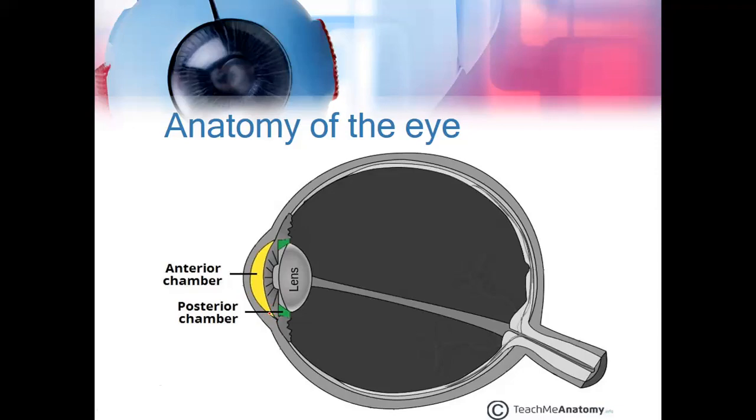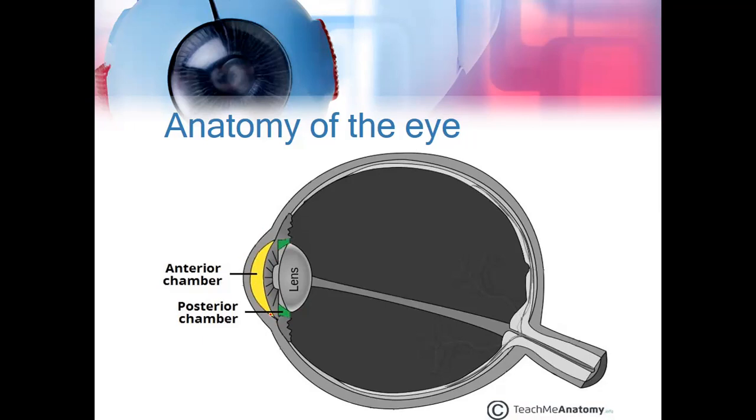This is the iridocorneal angle in which occurs the draining of the aqueous humor. Here we have aqueous humor and vitreous humor. The anterior cavity is related to aqueous humor and the posterior cavity is related to vitreous humor.